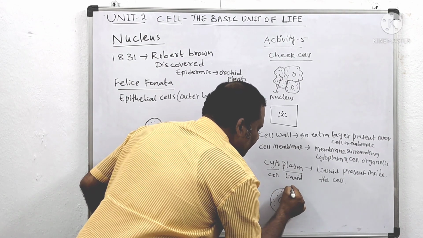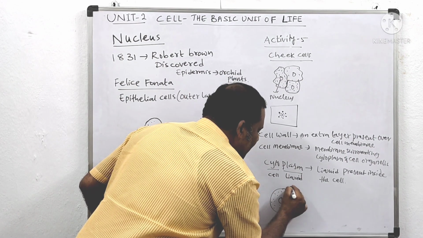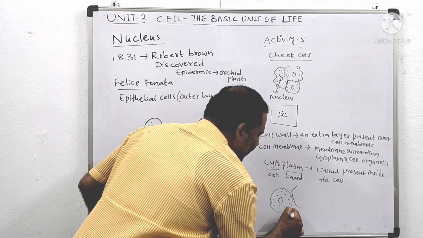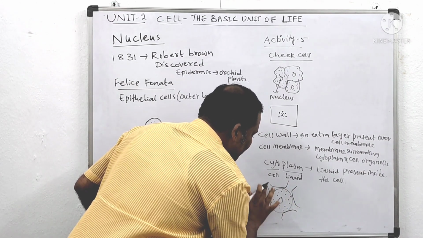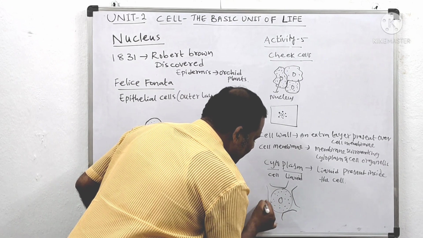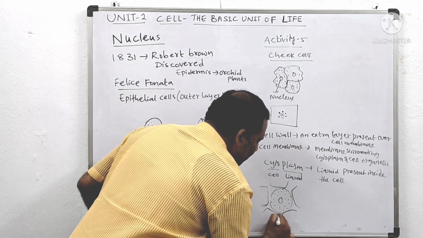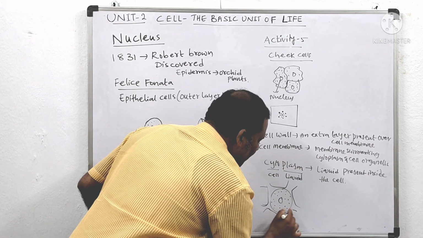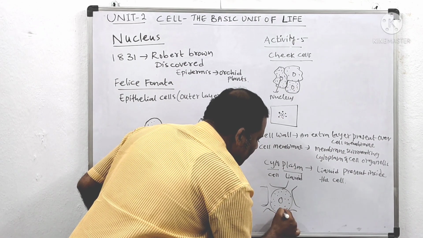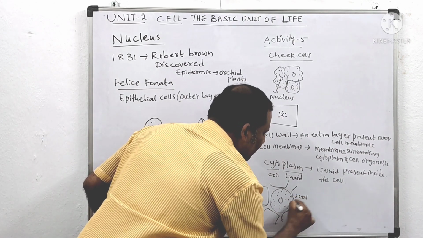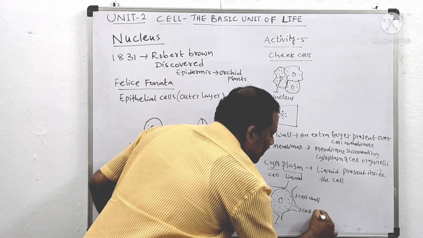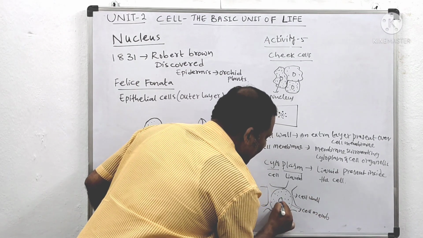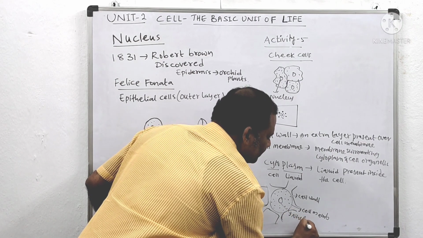And like this, if you take a plant cell, an extra covering will be observed over that. That extra covering is called what? Cell wall. That is called what, Anna? Cell wall. So this extra covering is the cell wall, and this is the cell membrane, and this is the nucleus.